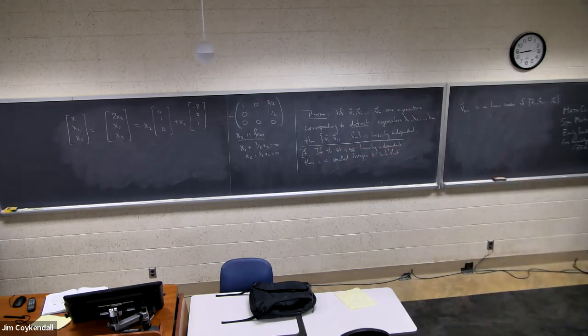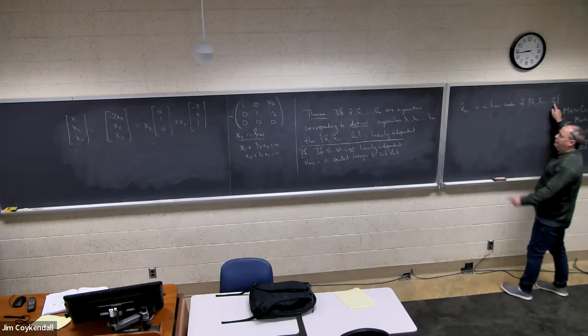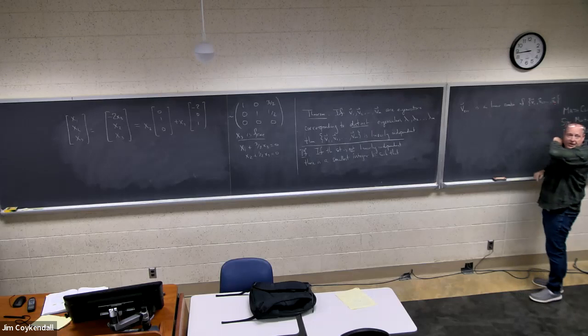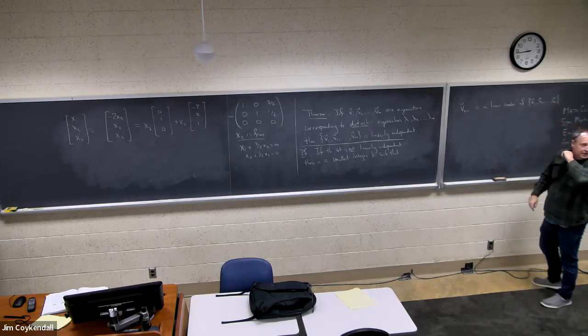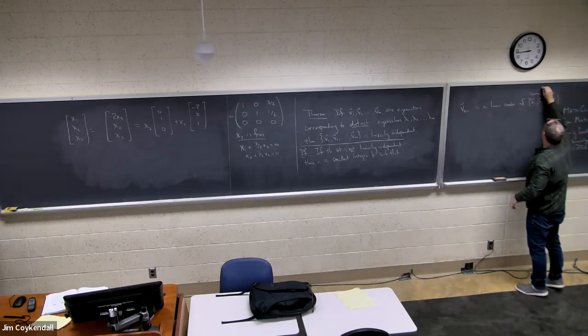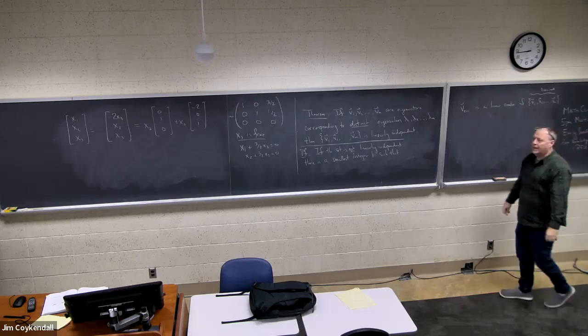Since K is the smallest such that the next one is a linear combination of the preceding, that means that these have to be linearly independent, right? This is now a linearly independent set, because if it weren't, one of these would be a linear combination. So we're good to go on that.